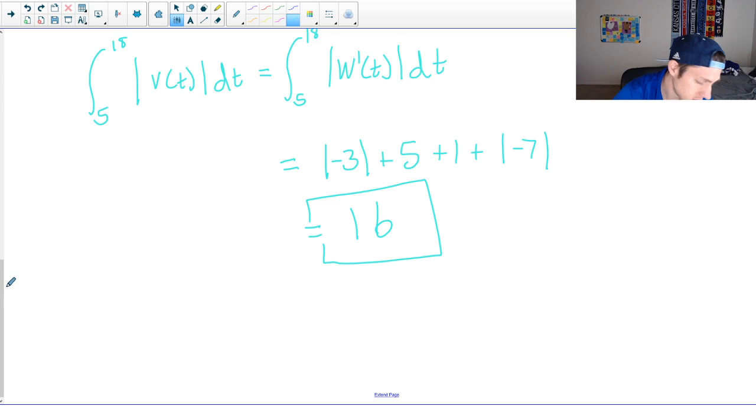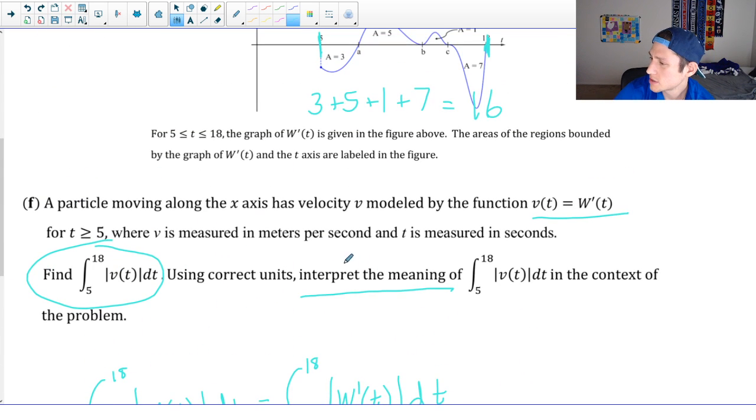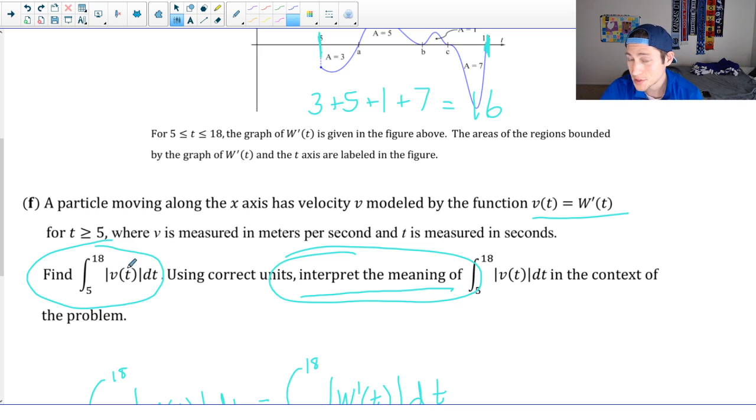All right, so besides just finding, interpret the meaning. Okay, so this is another formula that I kind of have to just think about knowing. Right? Integral of absolute value of velocity. So if the absolute value bars were not here, when I integrate velocity from wherever to wherever, then what that represents is the displacement. Right?